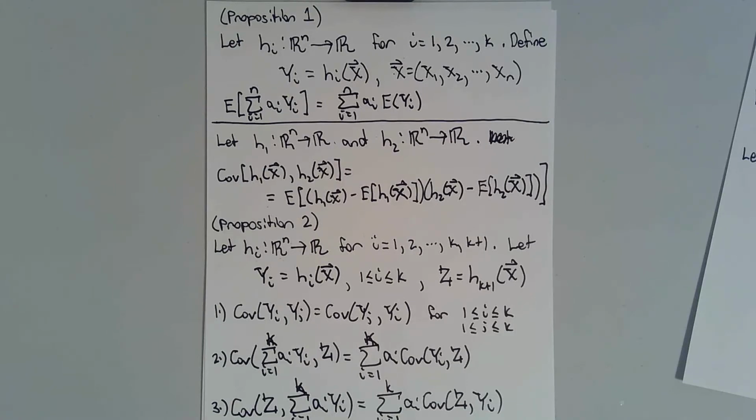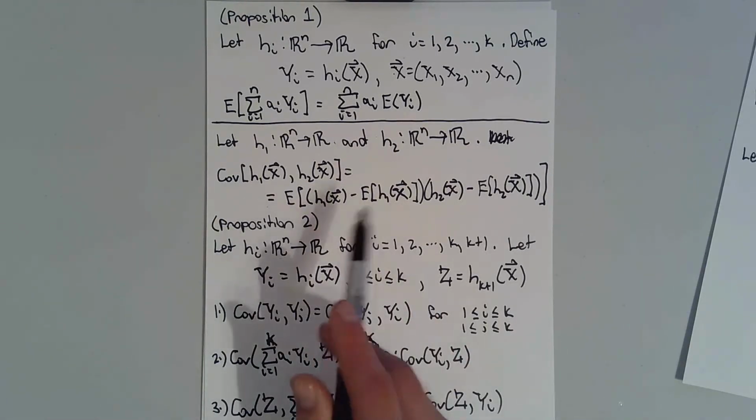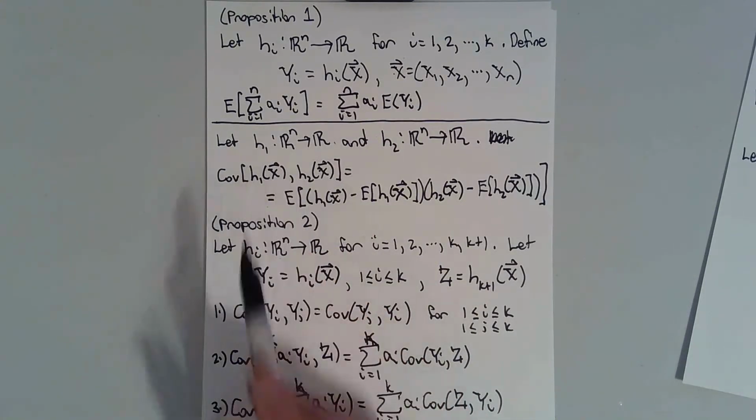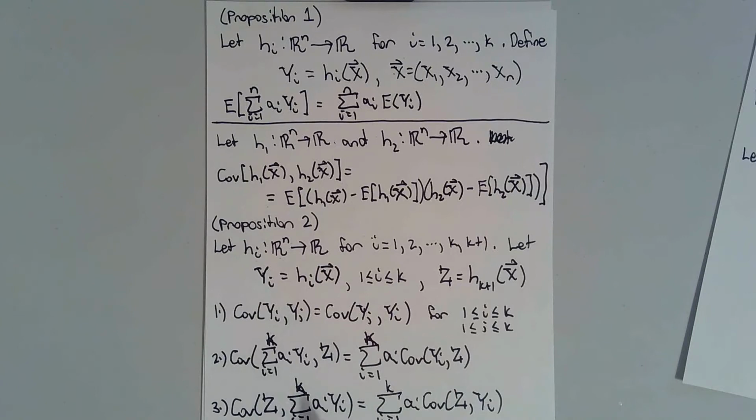Just a note here, properties 1 and 3 I will not prove. Property 1 follows immediately from the definition. We can see it's symmetric in the argument, so I can swap these two around and I get the same thing. And using that fact, you can quickly deduce from 2 that 3 must also hold. So I will only be proving property 2 here.